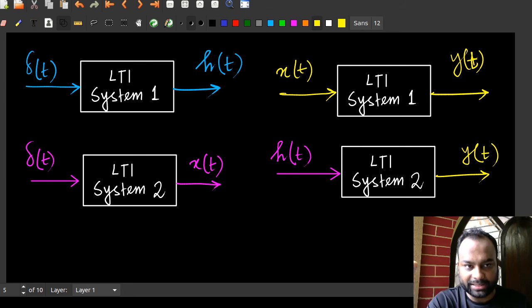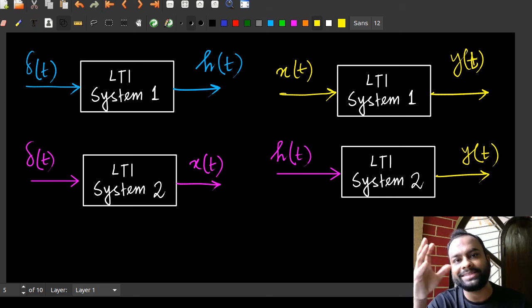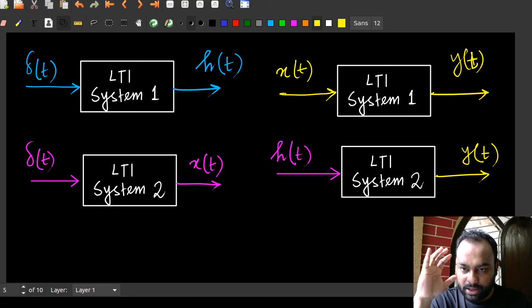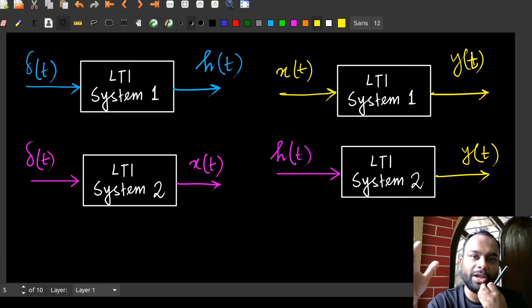So we can say the impulse response of an LTI system is identical to the system itself. The entire behavior, what it can do and what it cannot do, is entirely contained within the impulse response of the system, right?